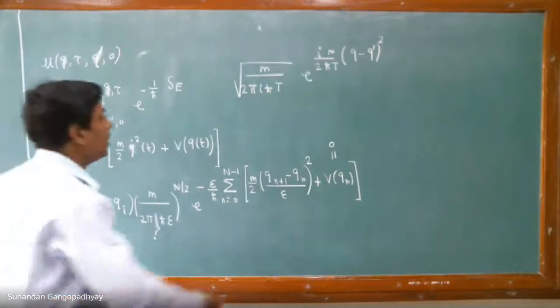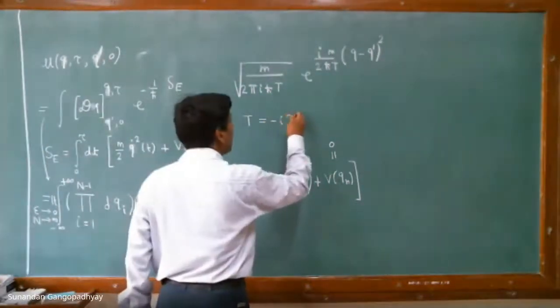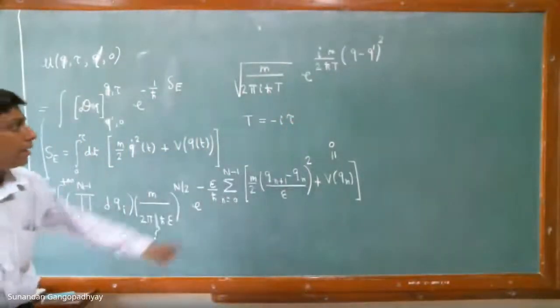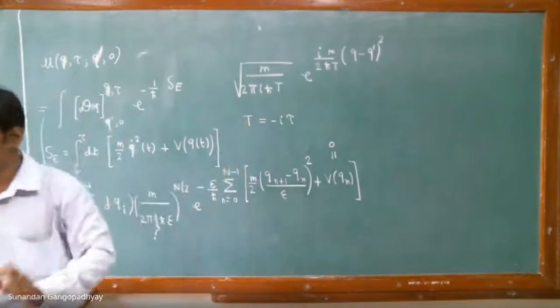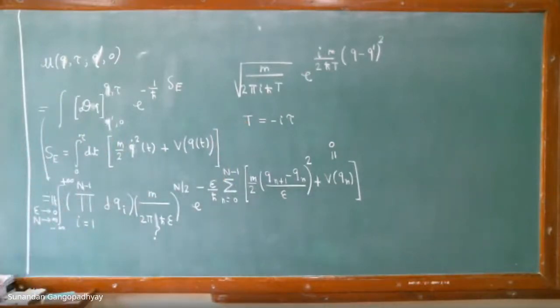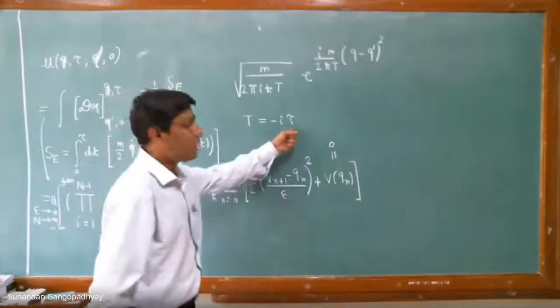And you remember that t is basically minus i tau. When I take t to the imaginary time, this t is now analytically continued to the complex plane. So you just make a rotation of the time axis. So this tau is real now.